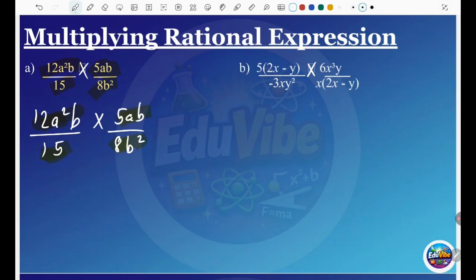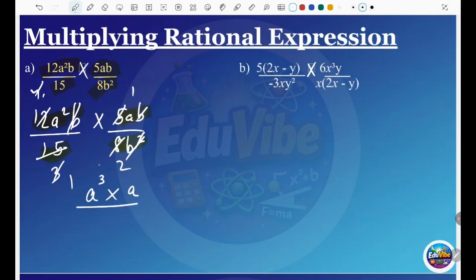Over there, one b cancels with this b. Again, b cancels with this b. This 15 goes with this, you get 3. This goes, you get 4. This goes, you get 2. Basically, you get a square left, multiplied by a, and this whole divided by 2.